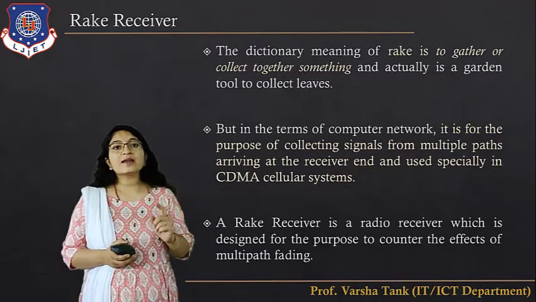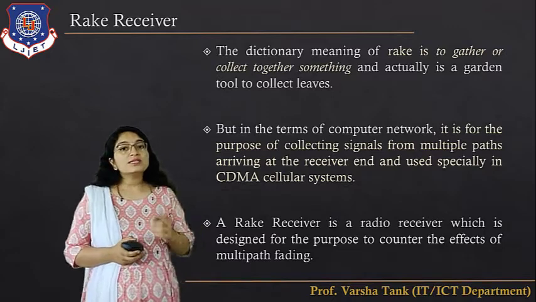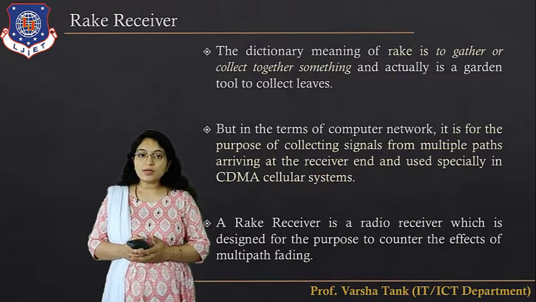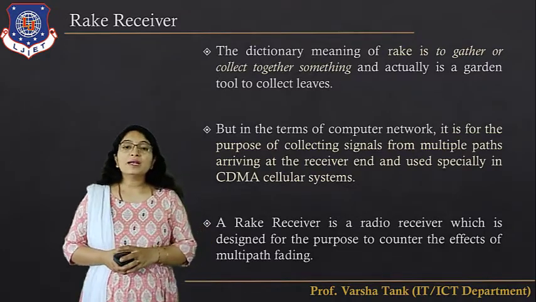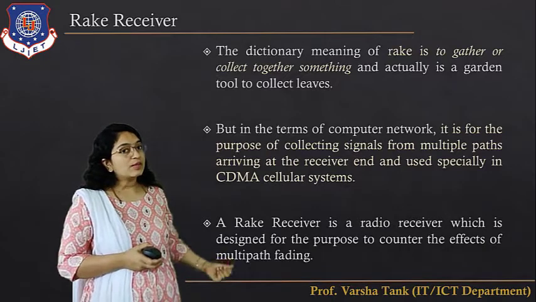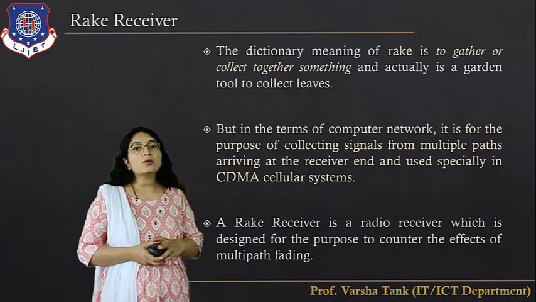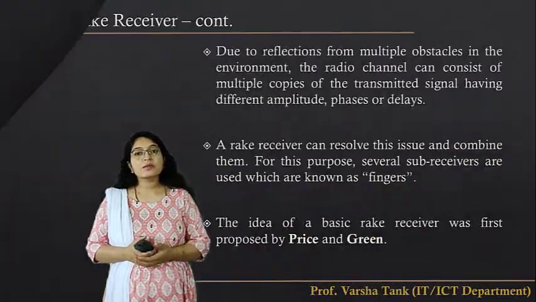A rake receiver is a radio receiver designed to counter the effect of multipath fading. So whatever the effect of multipath fading, that will be countered by the rake receiver.